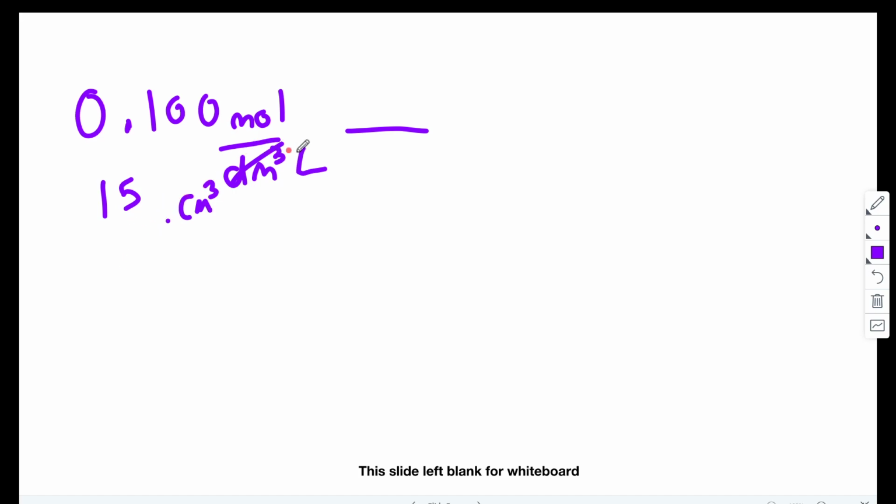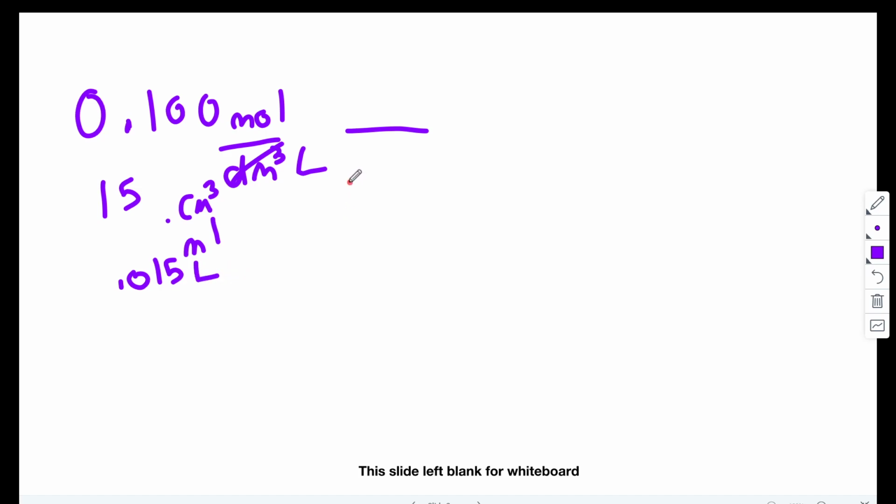Now, centimeters cubed is a volume measurement just like liters is, and it's equal to milliliters, which means that we can take these 15 milliliters and convert it to liters, which is 0.015 liters.